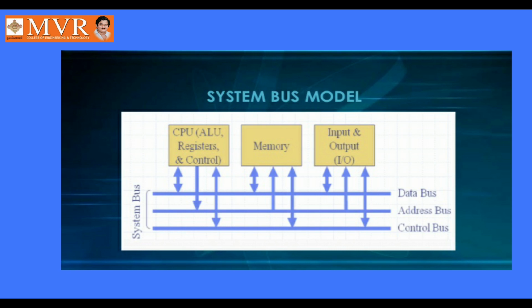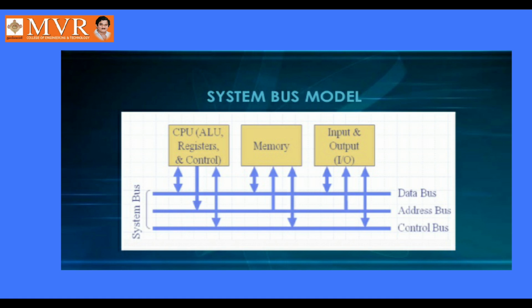Whereas the address bus is connected with the CPU, memory and input only in unidirectional, meaning it receives the address from the CPU. Address means memory location. I told you in the first class, when we discussed storage devices, memory is nothing but a group of locations organized in a stack.